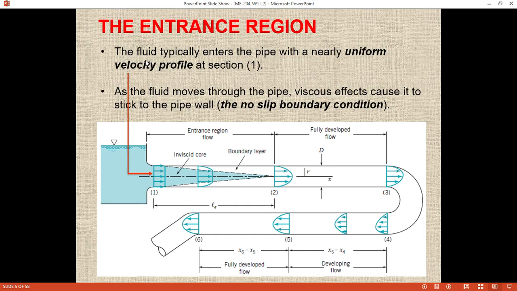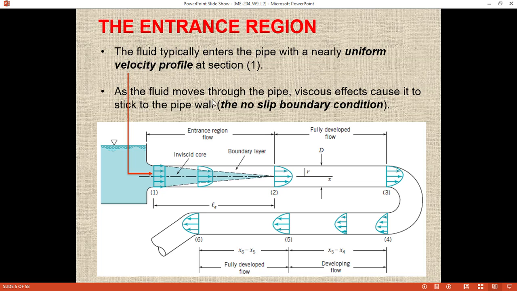The fluid typically enters the pipe with a nearly uniform velocity profile at section 1. So here the velocity profile is uniform at point 1.